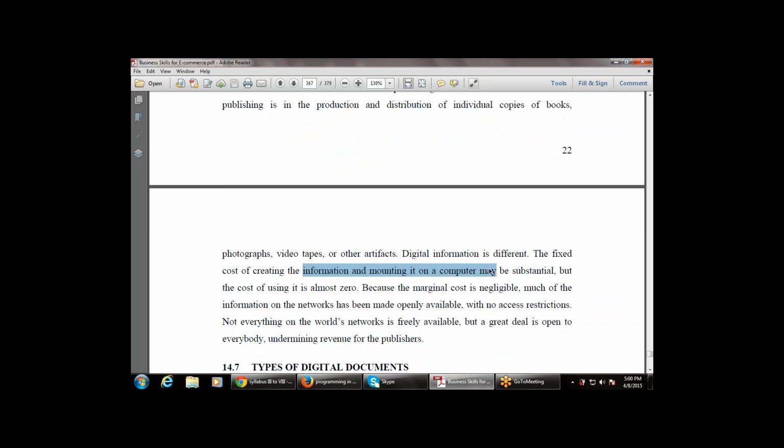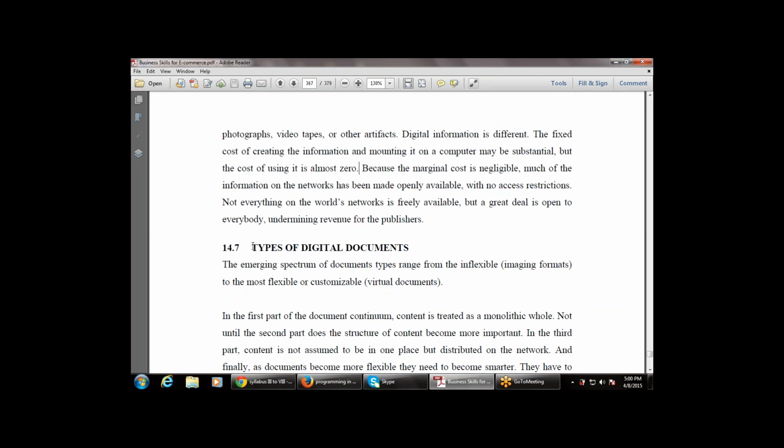The fixed cost of creating the information and mounting it on a computer may be substantial, but the cost of using it is almost zero.